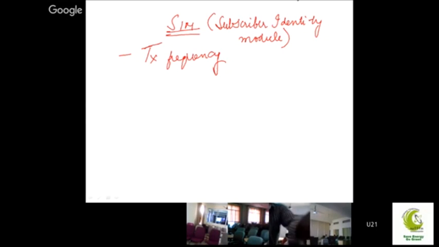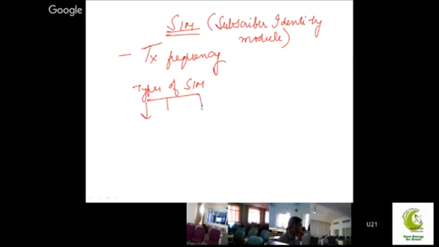It contains the transmitting frequency, and that frequency can be anyone, but nowadays we have three types of SIM: mini SIM, micro SIM, and nano SIM. Plus, all these SIMs are from 2G to 4G.